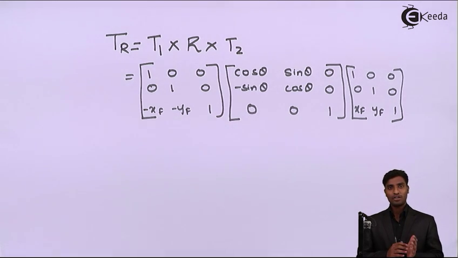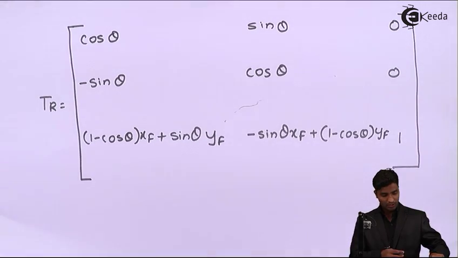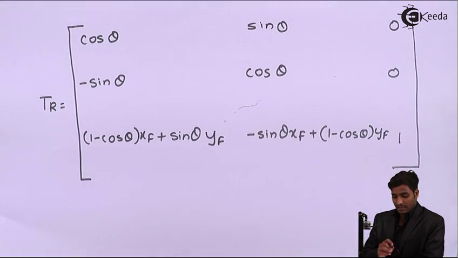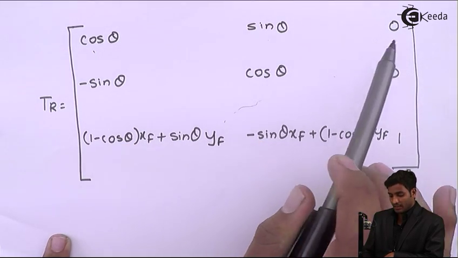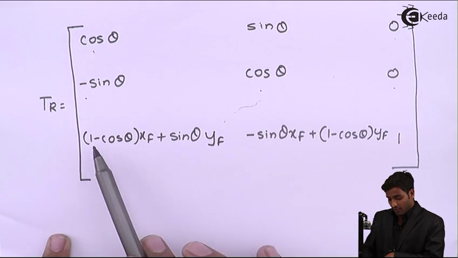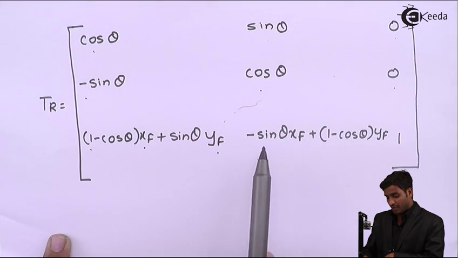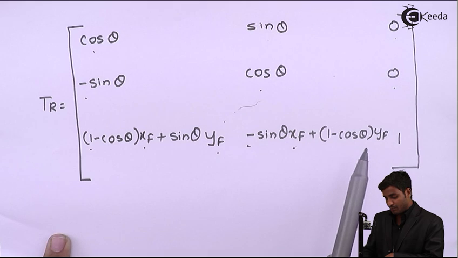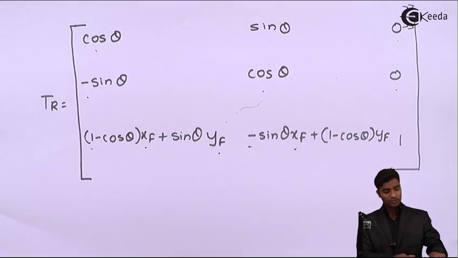After multiplying all these matrices, the resultant transformation I get is cos theta, sin theta, 0, minus sin theta, cos theta, 0, then 1 minus cos theta times xf plus sin theta times yf, minus sin theta times xf plus 1 minus cos theta times yf, and 1.